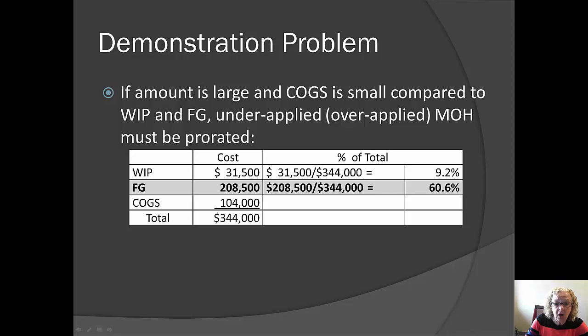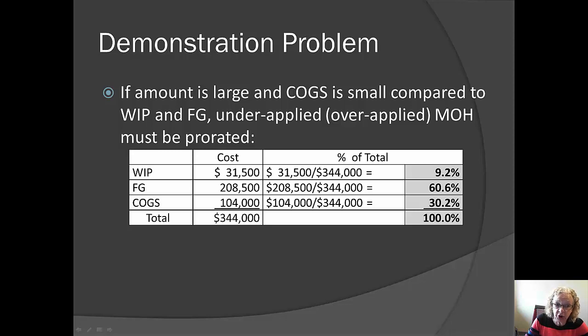Cost of goods sold represents about half of that amount, $104,000 out of the total, so it will receive about 30.2%. It's a good idea after you calculate these percentages to add them up, make sure they equal 100%. We need to assign 100% of the overhead across these three accounts.